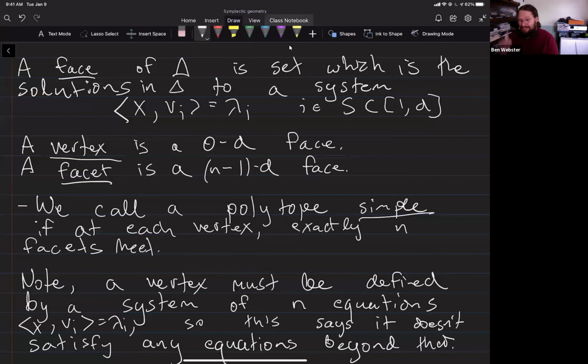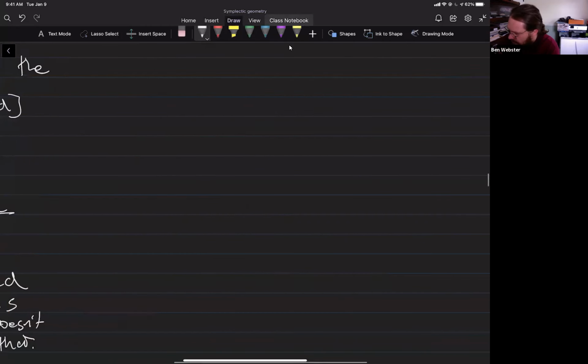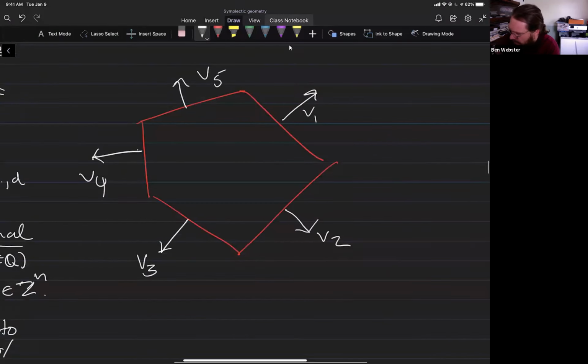And I'm looking at the solutions which lie in my polytope. So for example, in this example, this is a face. It's the solutions to the equation for V2 that lie in my polytope. This is a face. It's the solutions to the equations for V3, et cetera, these guys.